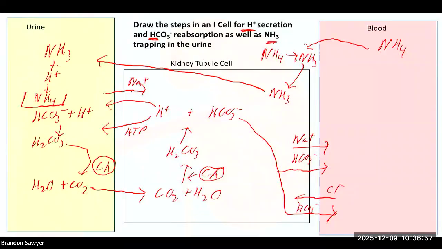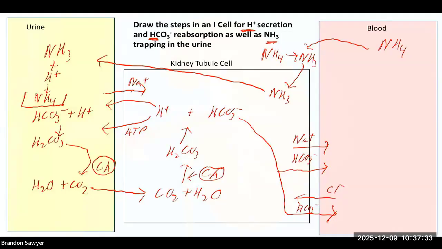The CO2 goes into the kidney tubule cell, again combines with water with the help of carbonic anhydrase, back into carbonic acid, and splits into hydrogen and bicarbonate. The hydrogen can get pumped out directly via hydrogen pumps, via ATP, primary active transport, or in exchange with sodium. The bicarbonate can be put back into the blood in exchange for chloride, or with co-transport with sodium. So that's the pH part.